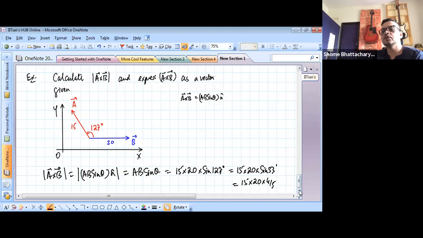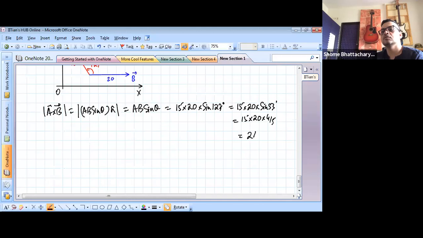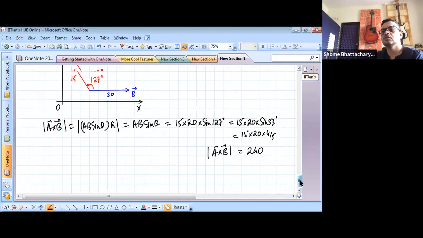So that becomes 240. So mod of A cross B becomes 240. That's the first thing.